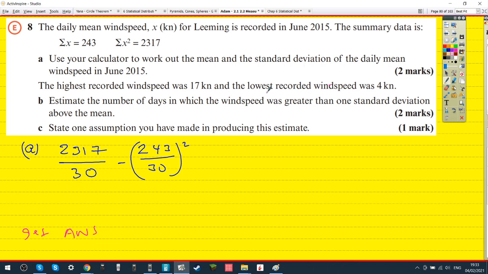I got 11.62 to 2 decimal places. I'll say 11.6. And so how do we do part B?